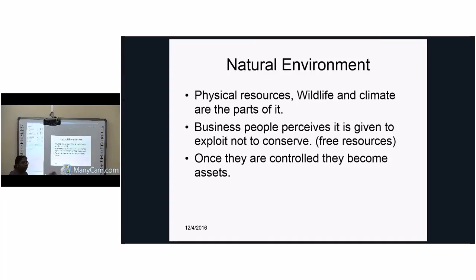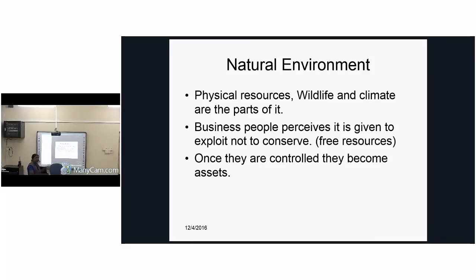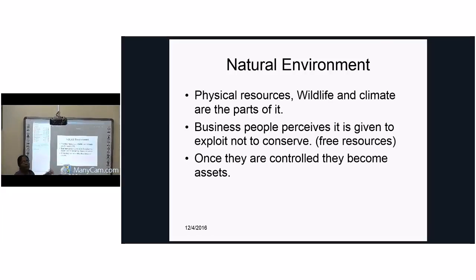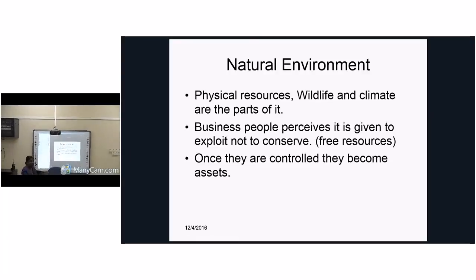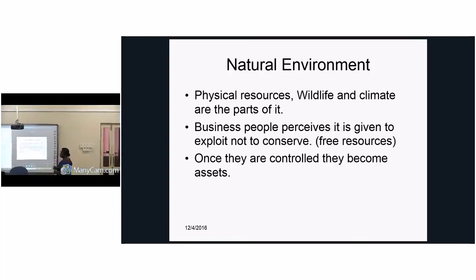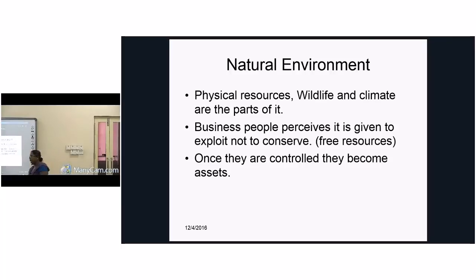If you bottle this water and stick a value on it, it becomes an asset. So if you put some control over free physical resources, it is called an asset. The natural environment consists of these free resources. The thing you should keep in mind is that these free resources are not to exploit but to conserve.